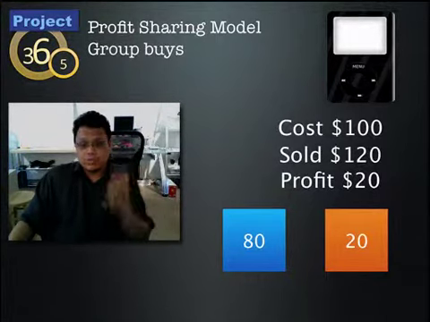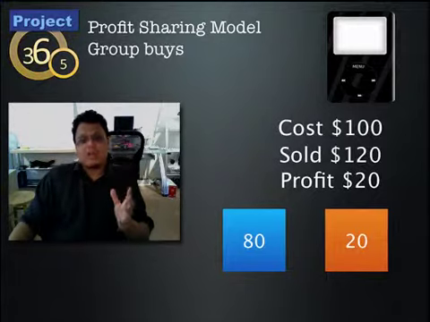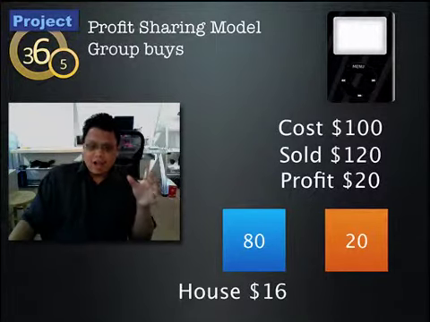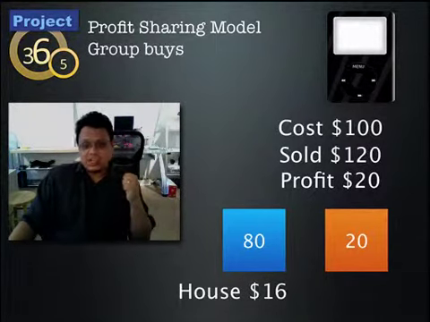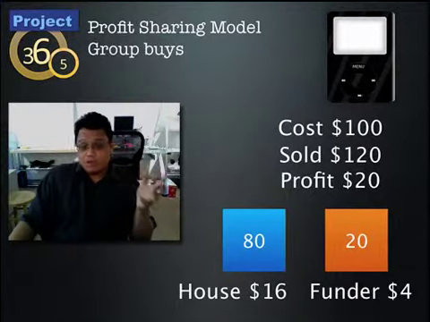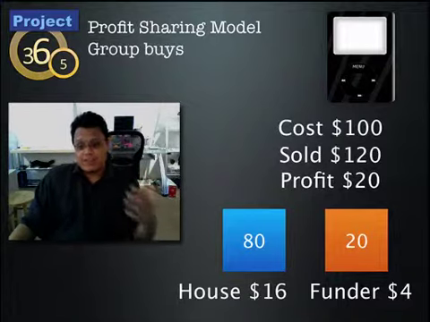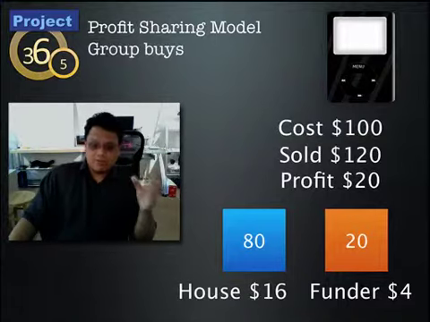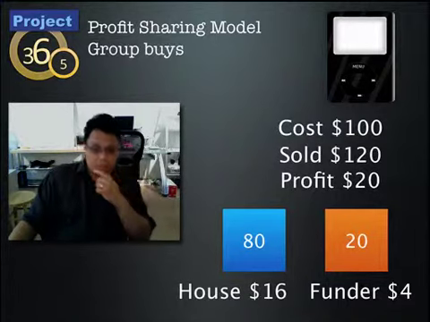And then we'll give 20% of the profit out to the people. I'm going to spell this out and see how it pans out. So the house has made $16, and the funder, the person who's come to play in the group buy, has made $4 on this $100 project.